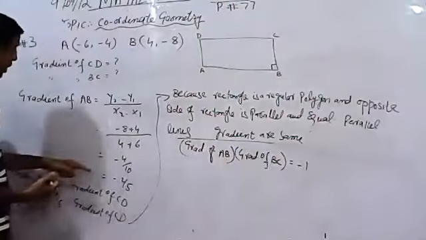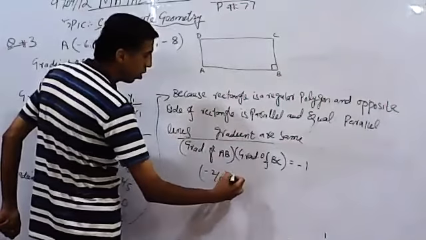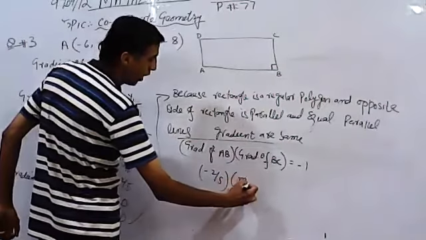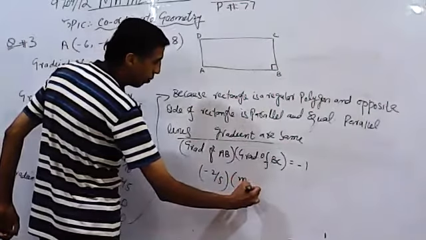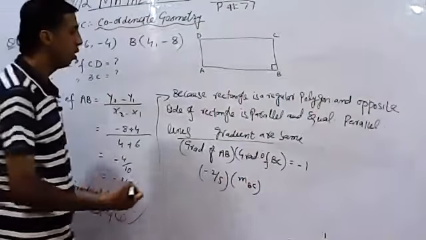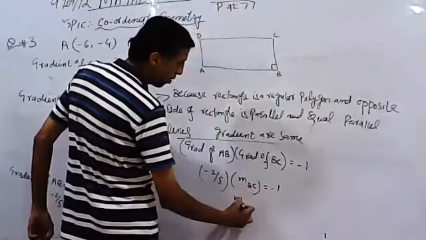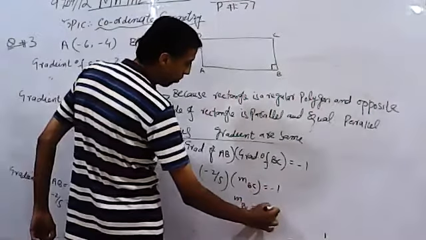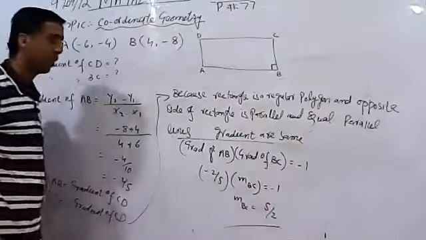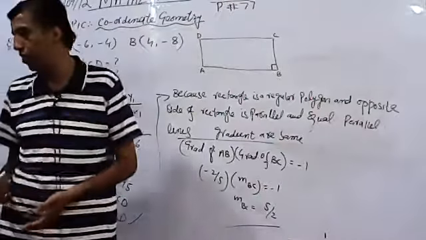One of the gradients I have is minus 2 by 5. You may write m_AB, m_BC, where m stands for the gradient in the abbreviation. Now m_BC is equal to 5 by 2 would be the second gradient. When the fraction goes to the other side, it will be reciprocal.